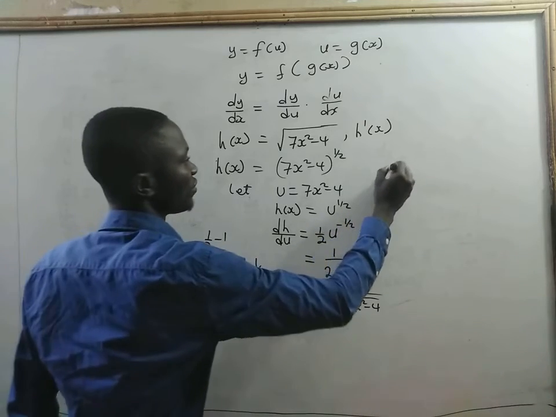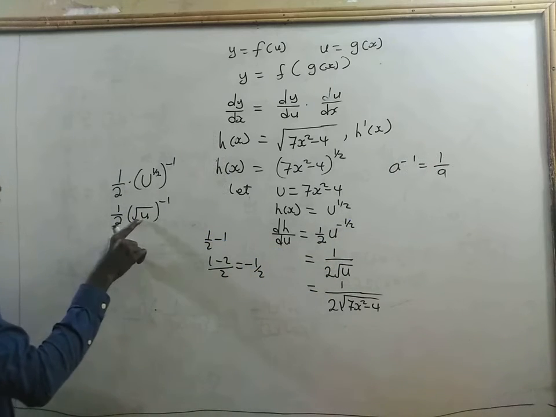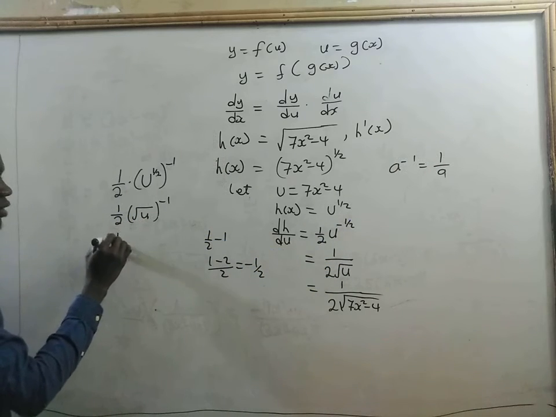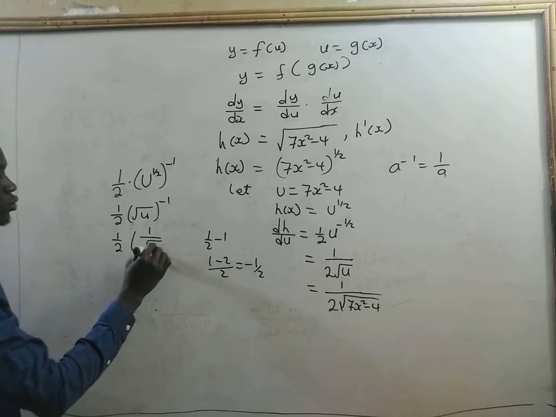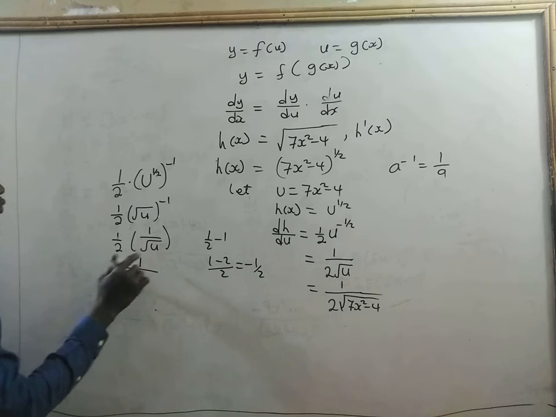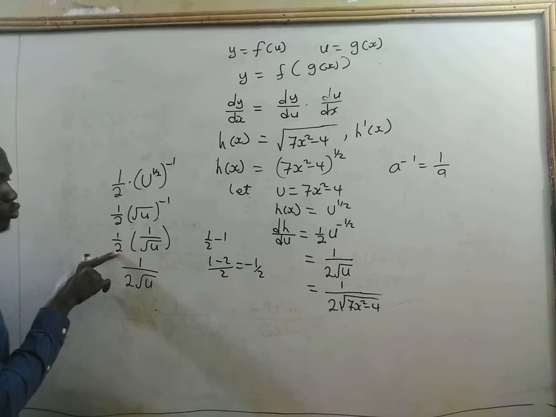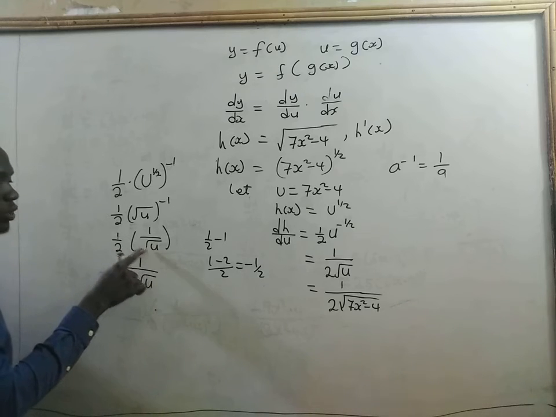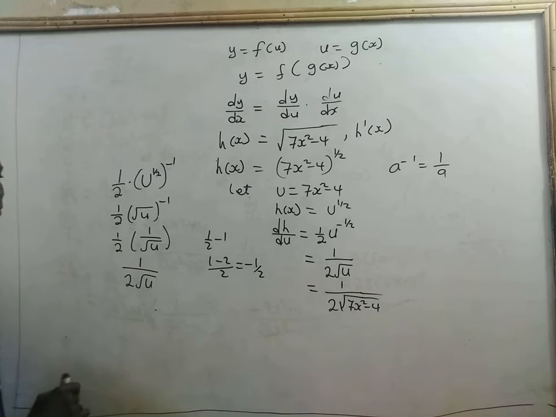And as we did, if you have a to the power negative 1, it is 1 divided by a. So here our a is root u. So this one is 1 on 2 times 1 divided by root u. 1 times 1 will give us 1, 2 times root u gives us 2 root u. Remember, 2 will not go inside the square root. It will multiply the coefficient 1 here. That's why we have this.